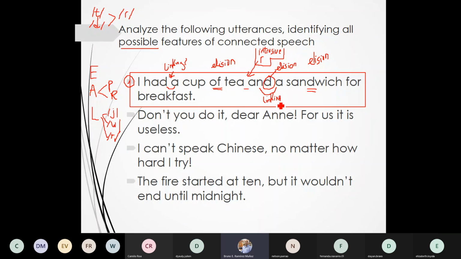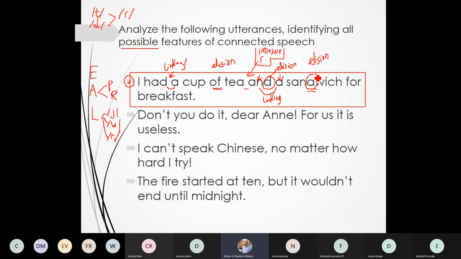So this is good because we may have one or two or three features of connected speech. I mean, if we elide the d, we have to connect n and a because it's a consonant and a vowel sound. So it's like the more usual, normal process.